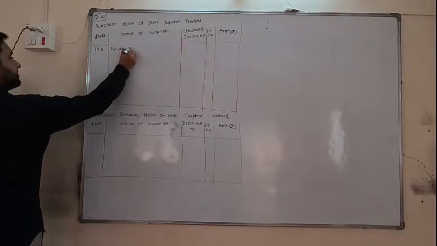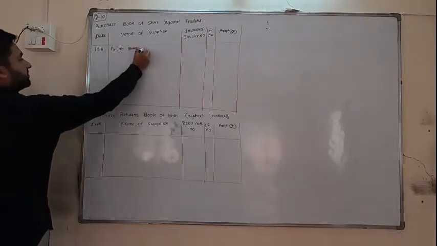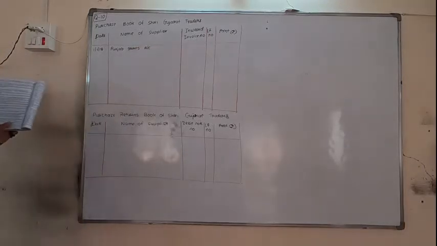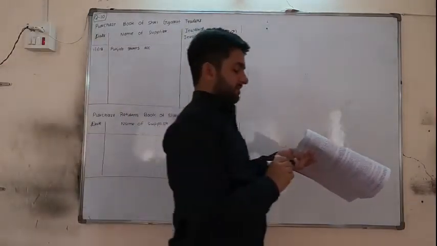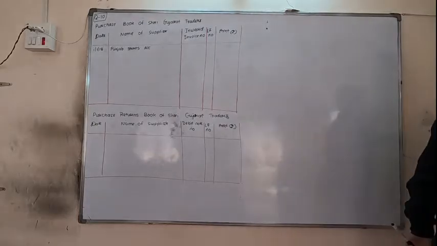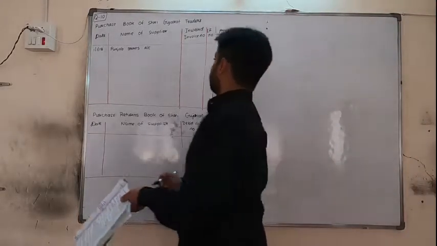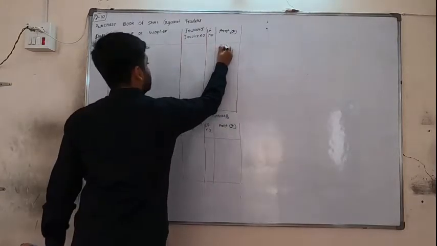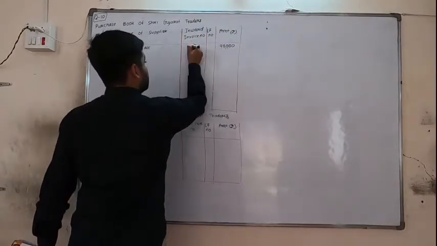If you are writing Shri or not writing Shri, it is not a problem. Punjab stores account. Now 1 lakh minus 5% is 95,000. Bill number is not given.